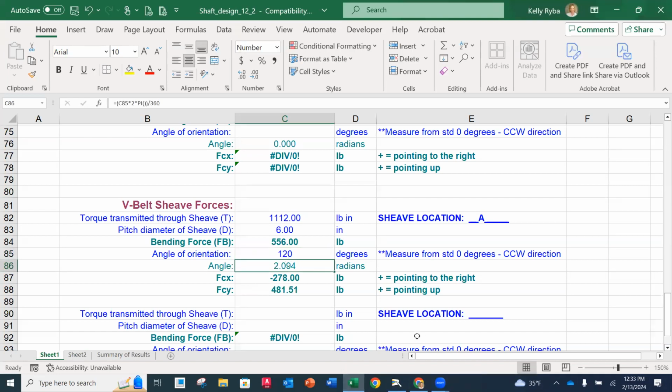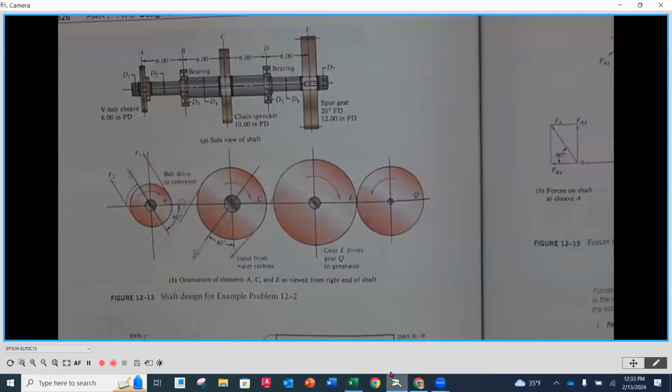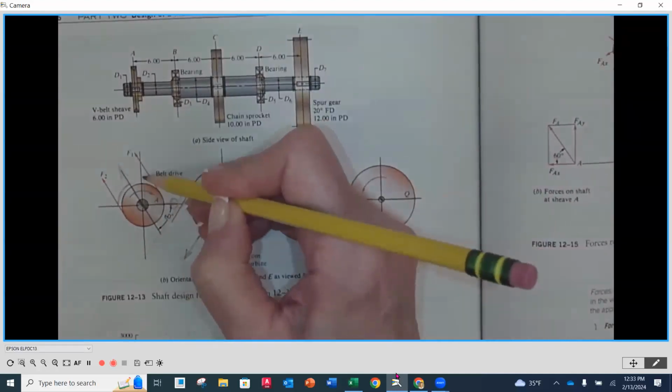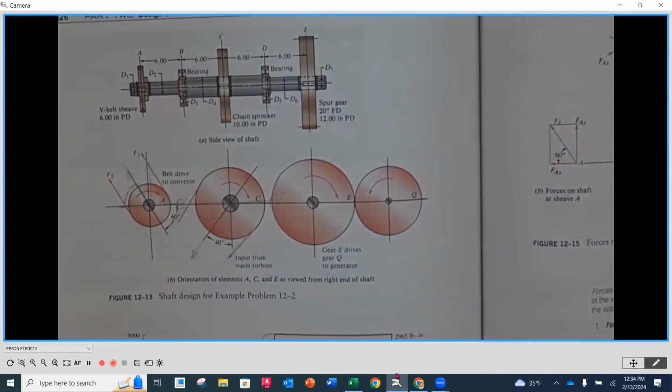And then they're giving us the directions of the forces. Your X force is going to be negative 178. That means it's pointing to the left. And then we have a positive for that Y, which makes sense. It's going to be pointing up. So the components of this would have the Y pointing up and the X going to the left. Okay.